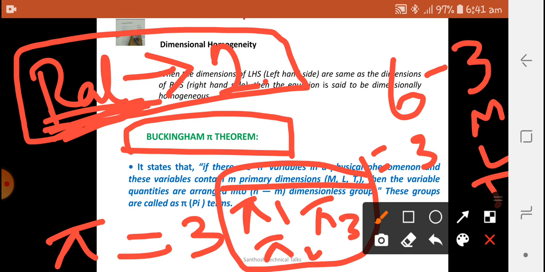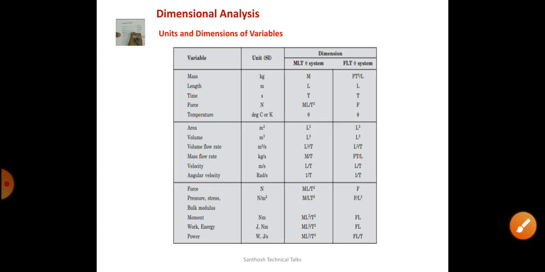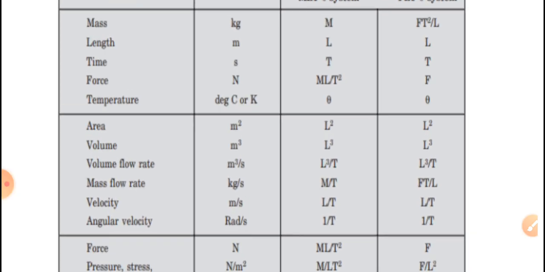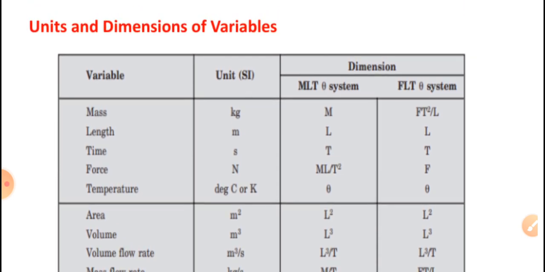With this background, you can easily understand any problem. Here I would like to quote some of the fundamental units and dimensions, and how they are developed. We know that mass is kg, so that is M in the MLT system.